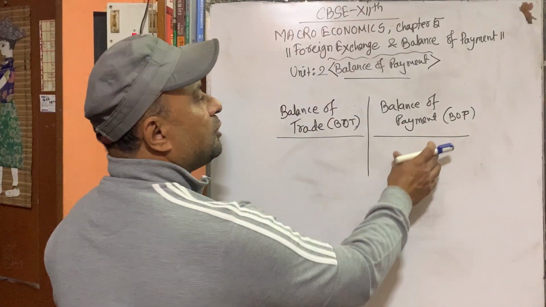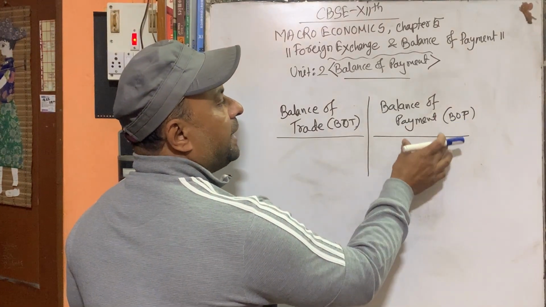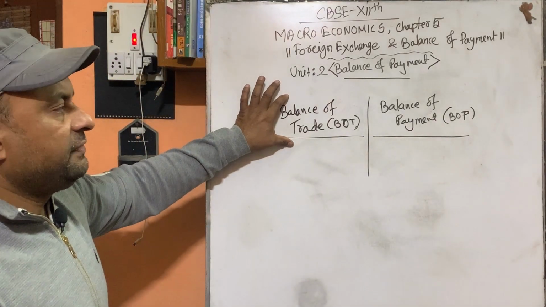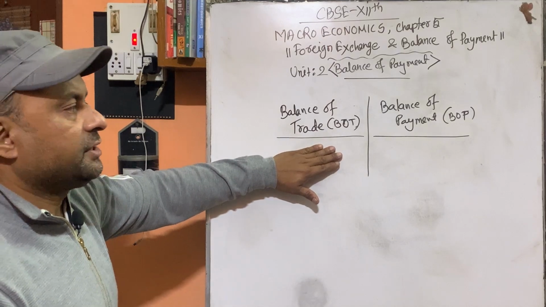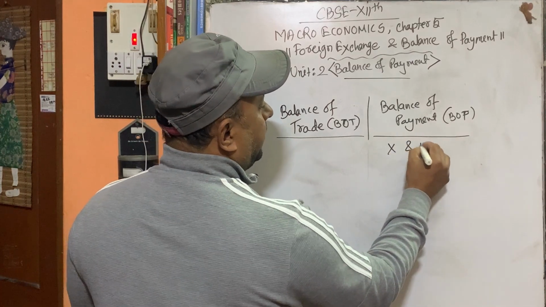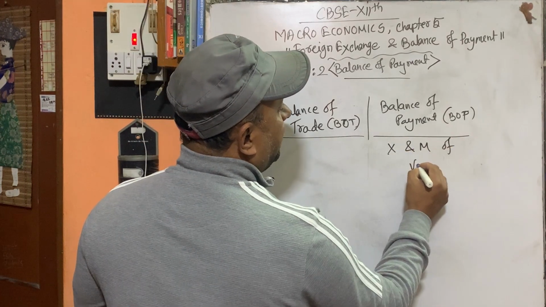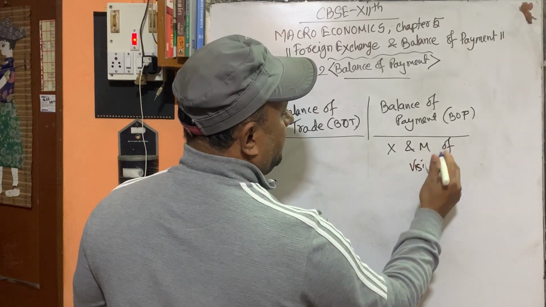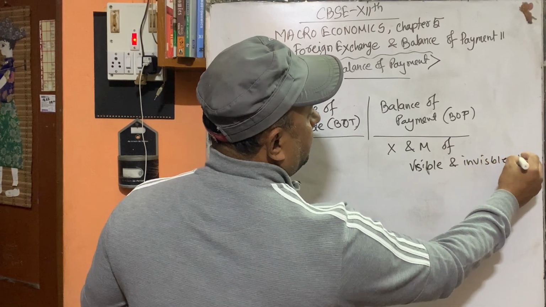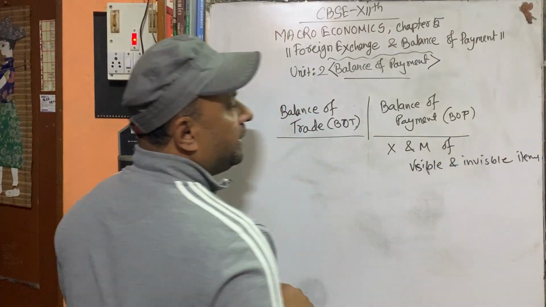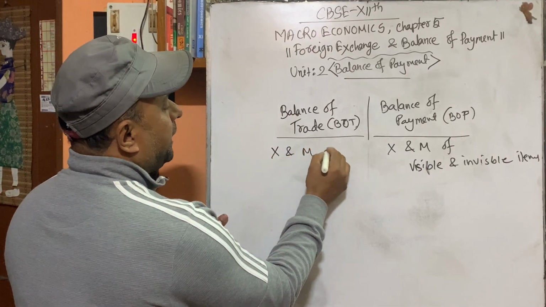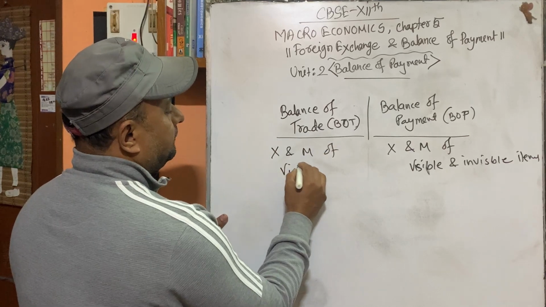That is, all types of economic transactions of a country are counted under balance of payment, but in balance of trade, only the export and import of visible and material goods. So both the export and import of visible and invisible items of a country come under balance of payment, but in balance of trade only export and import of visible items.